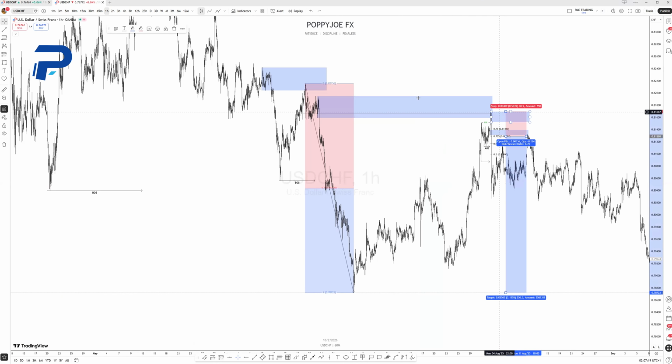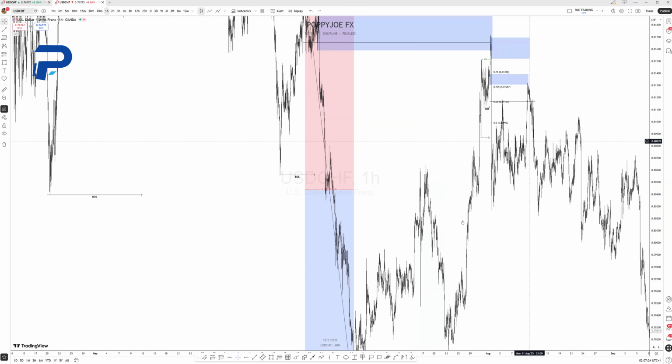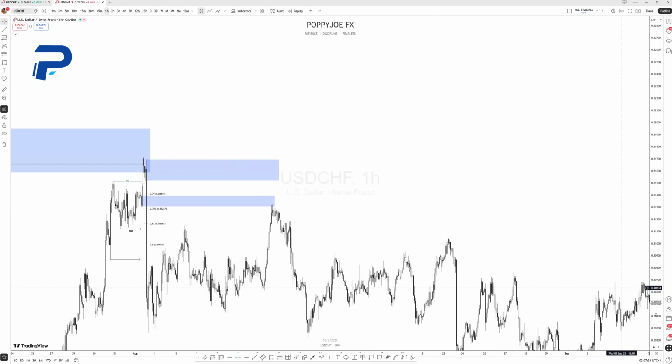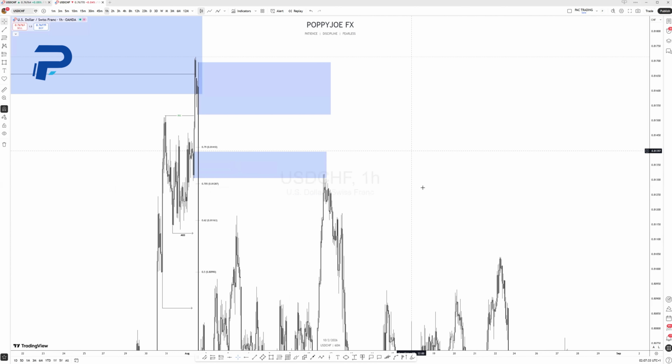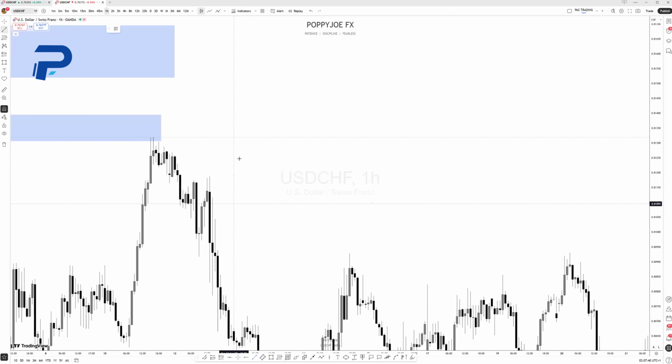However, if I was using this particular breaker as my entry model, another thing I could do is use that breaker as a reference and then enter on a lower time frame. Over here, we had something like that too. If I was entering from that breaker exactly, I would have done it like this.